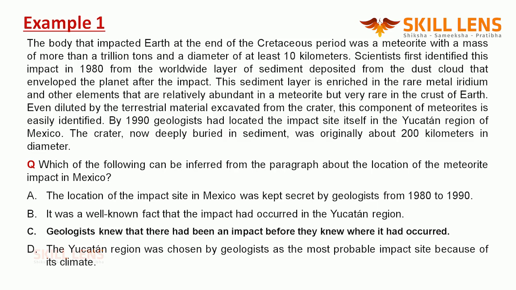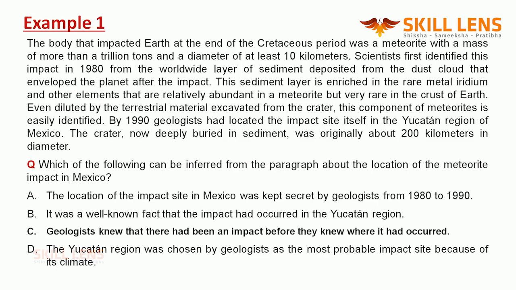Okay, but it does not talk about which area, where the meteorite impact happened. It is discussed only in the last two sentences, right? So we can eliminate option B also. When you look at option D, the Yucatan region was chosen by geologists as the most probable impact site because of its climate.